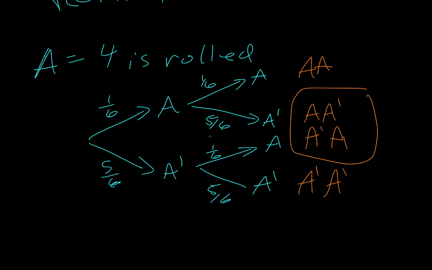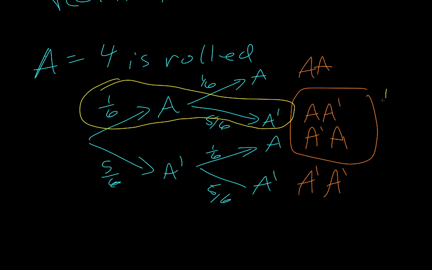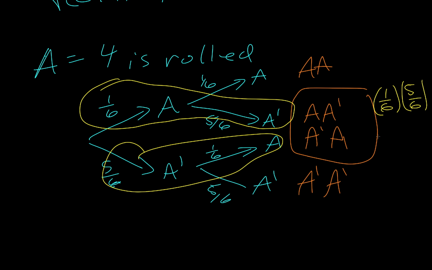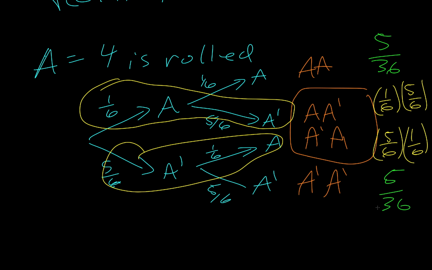We're going to look at both of those branches. We go down this branch, which is 1/6 times 5/6. Then we also go down this one, which is actually the same thing just backwards, 5/6 times 1/6. Both of those have the same outcome: 1 times 5 is 5 over 36, and 5 over 36.